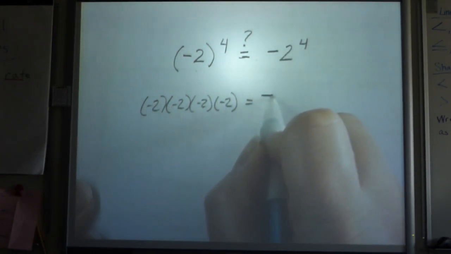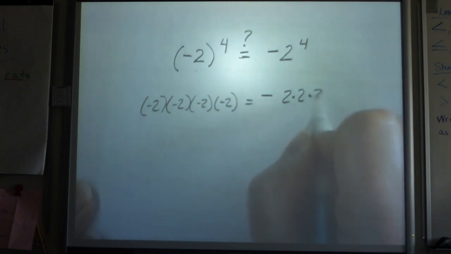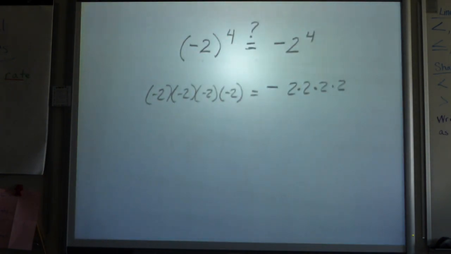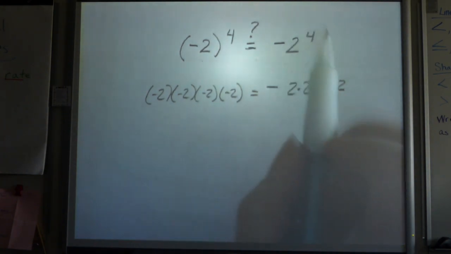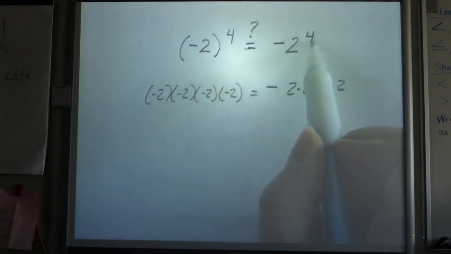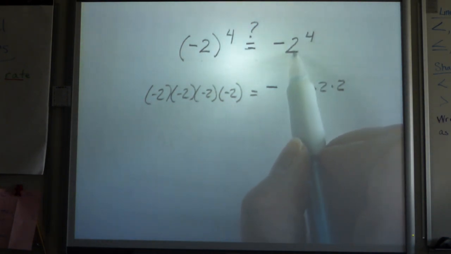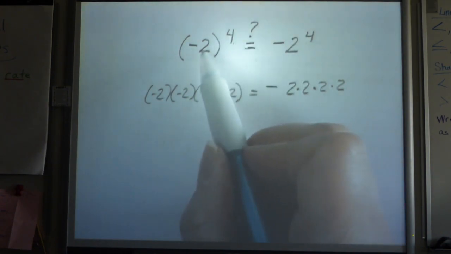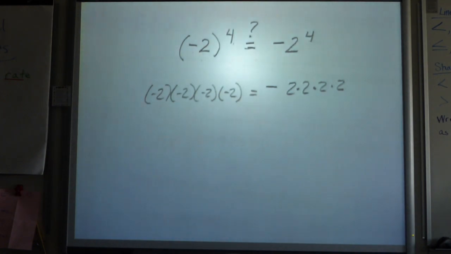So this is negative 2 times 2 times 2 times 2. So the exponent, remember, the power, only applies to whatever's right before it. So in this case, the 4 only applies to the 2. Only the 2 is getting raised to the 4th power. Here, -2 is getting raised to the 4th power.